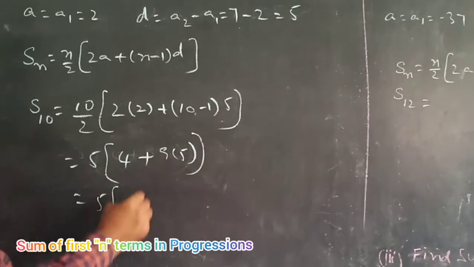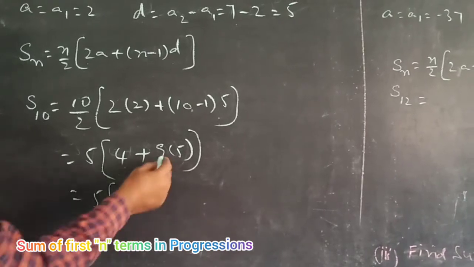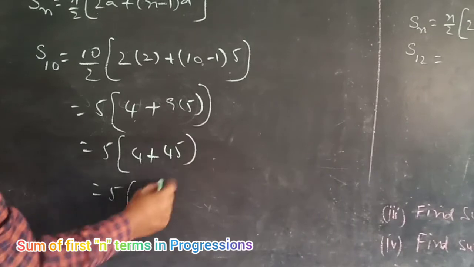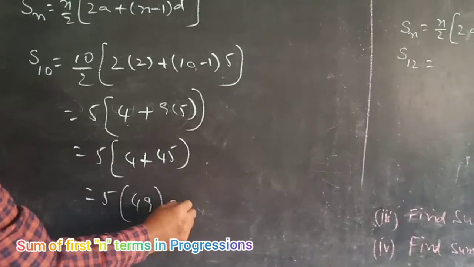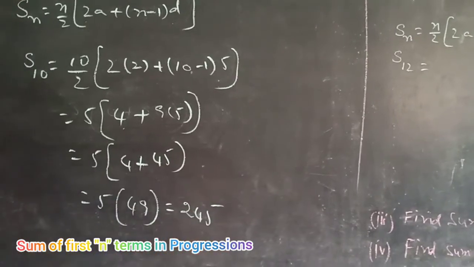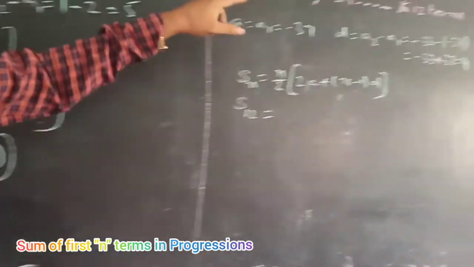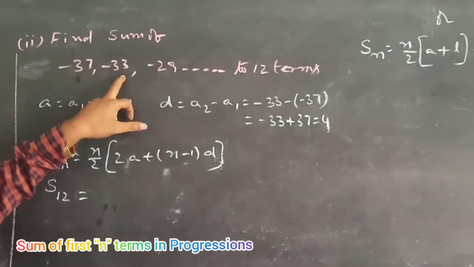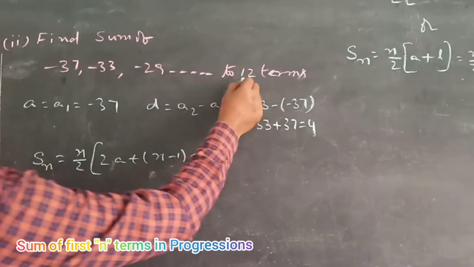So 5 into (4 plus 45), 5 into 49, is 245.